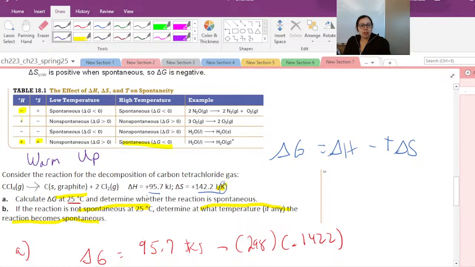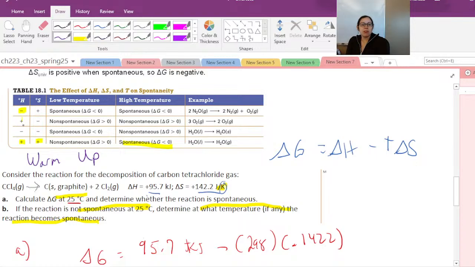So looking at these two conditions from the chart, at a high temperature, perhaps it could be spontaneous. It kind of depends. In the always non-spontaneous scenario, the change in entropy was negative for this line here. So this is saying that it's going to be non-spontaneous under all conditions.